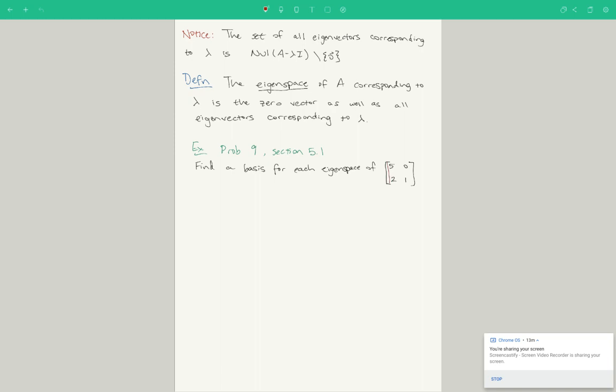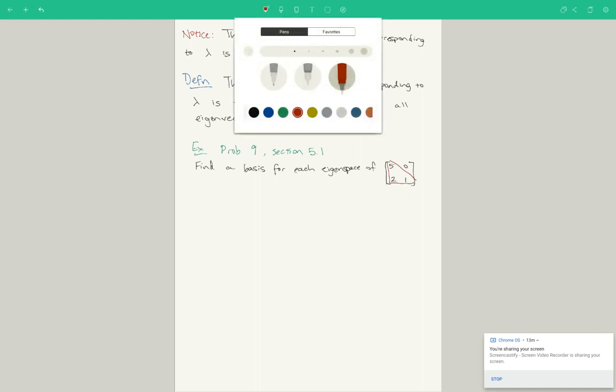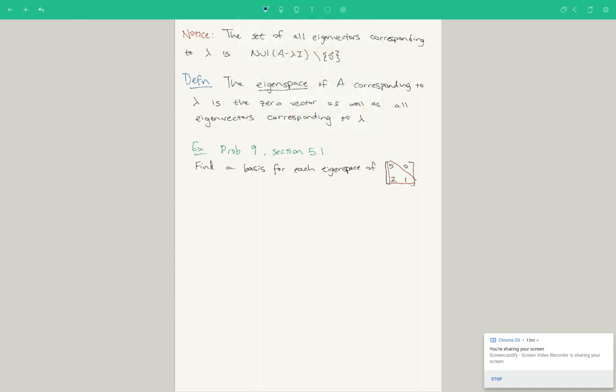As opposed to some of our other matrices we saw, this is a lower triangular matrix. But we know that for triangular matrices, the eigenvalues are just the entries on the diagonal. So this matrix A has 2 eigenvalues, and those eigenvalues are just those entries on the diagonal, which are 1 and 5. So it has 2 eigenvalues, so that means it'll have 2 eigenspaces.